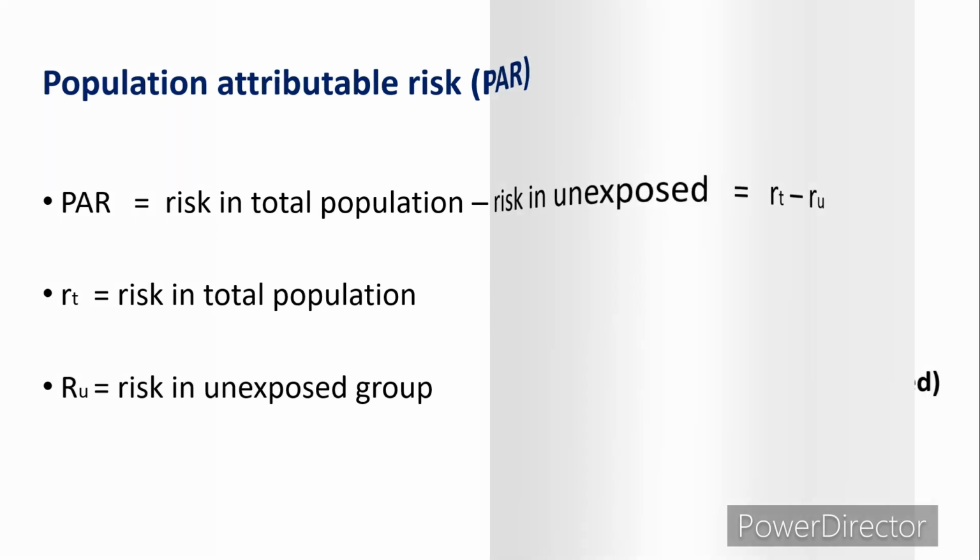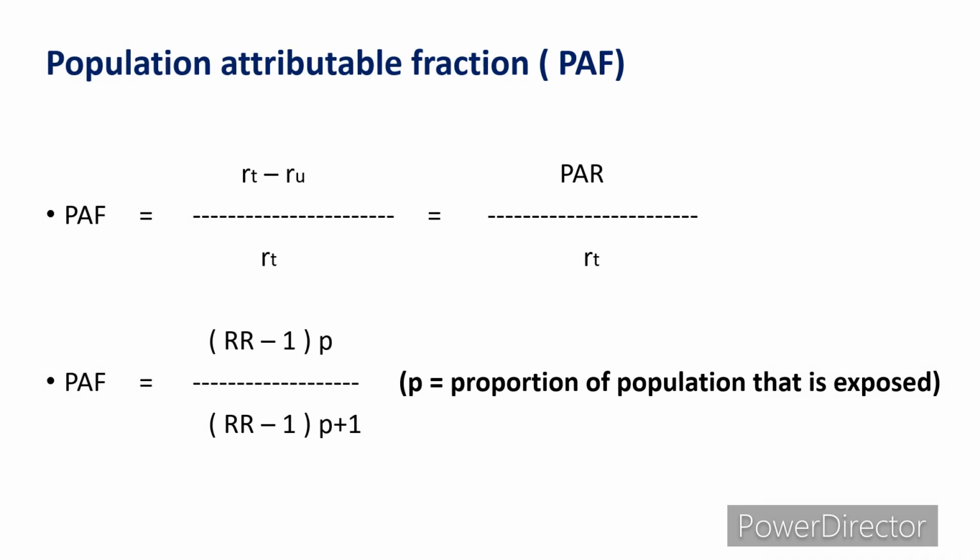But in PAR, population attributable risk, it's RT minus RU, where RT is risk in total population and RU is risk in unexposed group. Similarly, population attributable fraction, PAF, is similar to attributable fraction, but here PAF equals PAR divided by RT. That means population attributable fraction is equal to population attributable risk divided by risk in total population, that is RT.